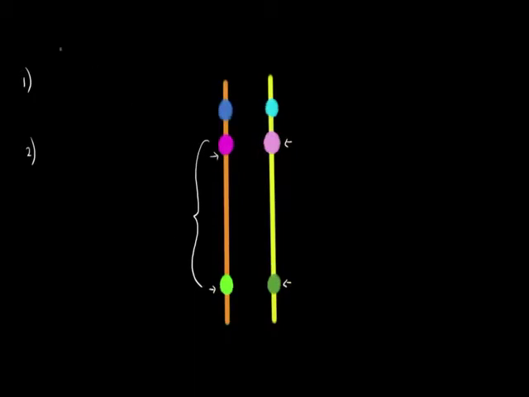So is it more likely that the purple and green genes recombine, or the way I like to view it, get separated? Or is it more likely that the blue and purple genes recombine or get separated?